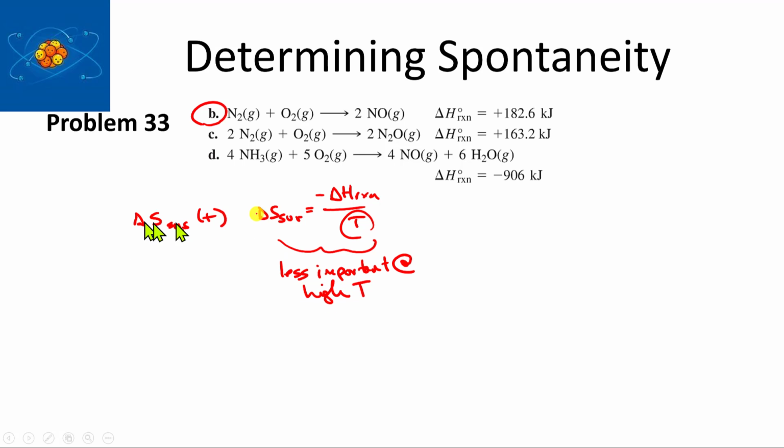In other words, the entropy of the system is what's going to matter at that point. So that means at low temperatures, it'll be non-spontaneous, but at high temperatures, it can become spontaneous simply because this term becomes less important. So this is spontaneous at high temperatures.